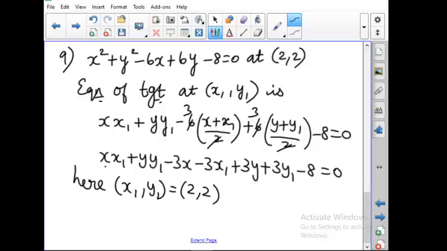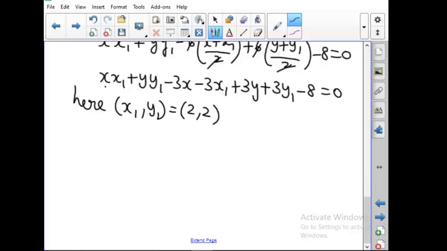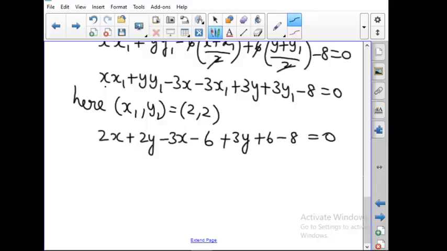So let us substitute the point 2, 2. 2x plus 2y minus 3x minus 6 plus 3y plus 6 minus 8 equal to 0. So minus 6 plus 6 cancel. 2x minus 3x is minus x. 2y plus 3y is plus 5y minus 8 equal to 0.